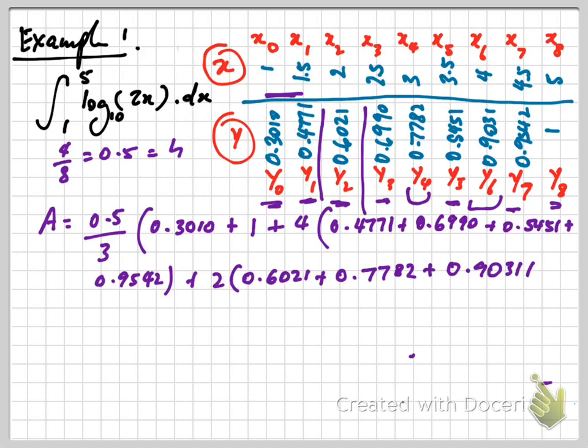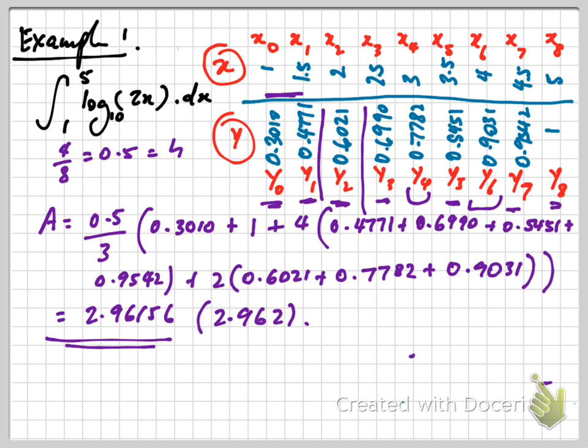Sorry, that's the end because the other one would be already added on. And if you plug them all in the calculator, you end up with 2.96156. Depending on if you wanted to make it to 3 decimal places, it'll be 2.962.